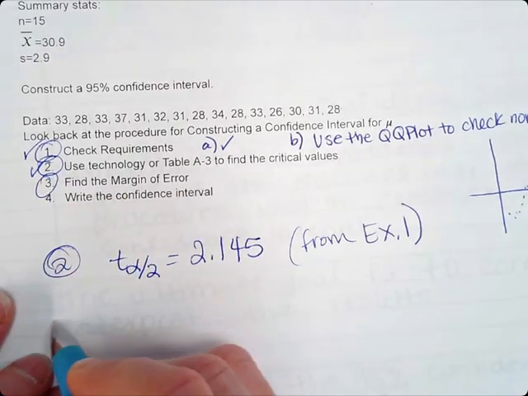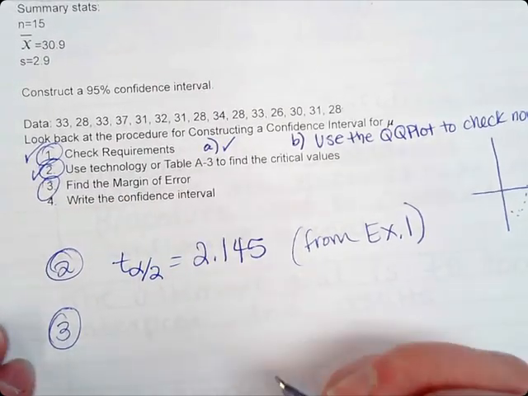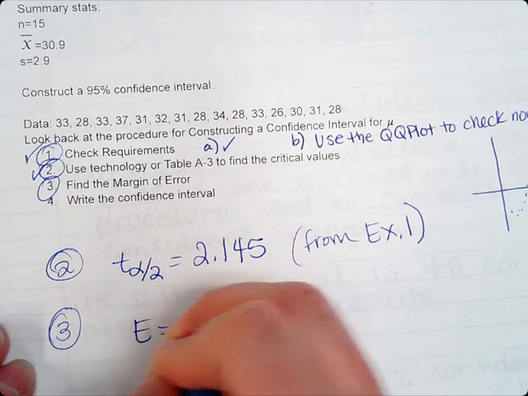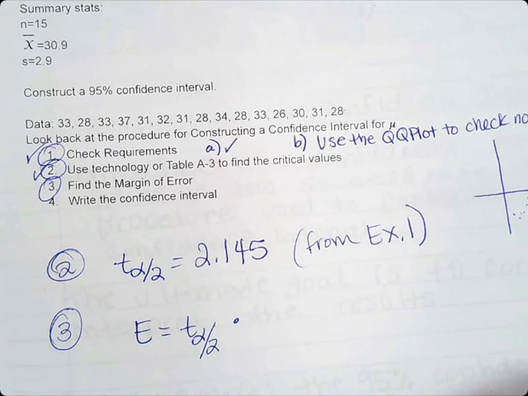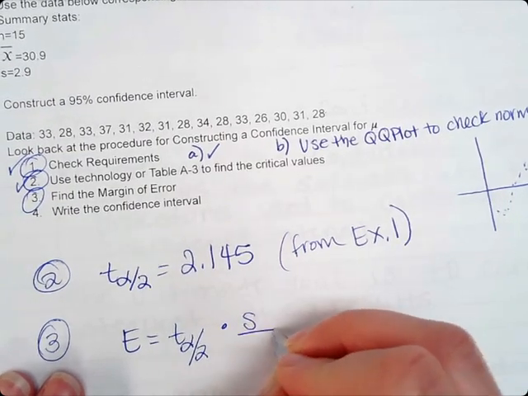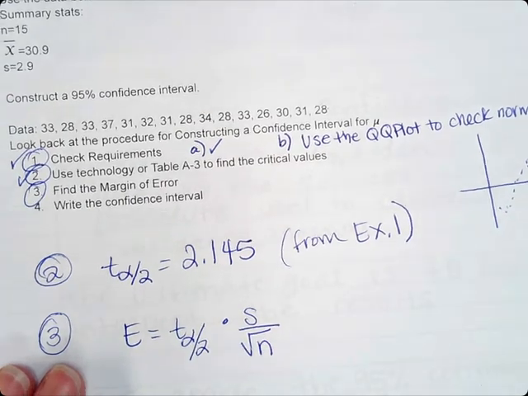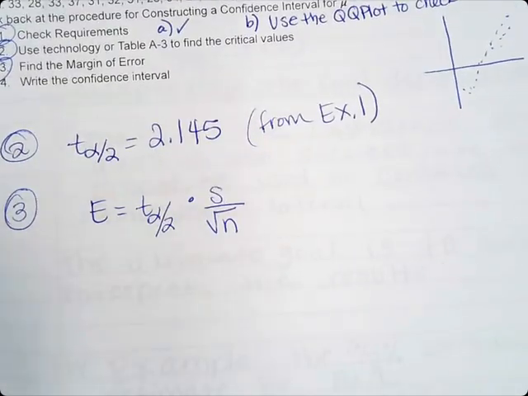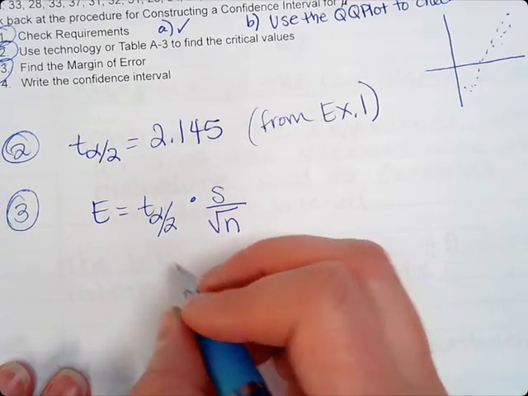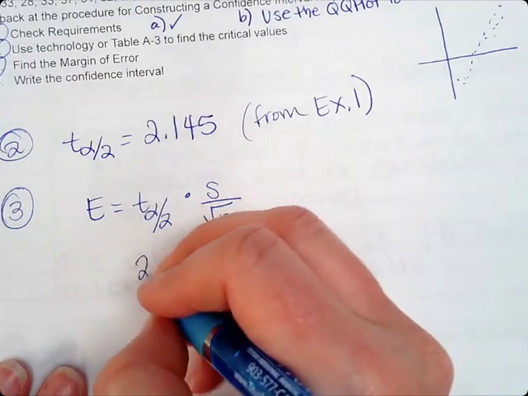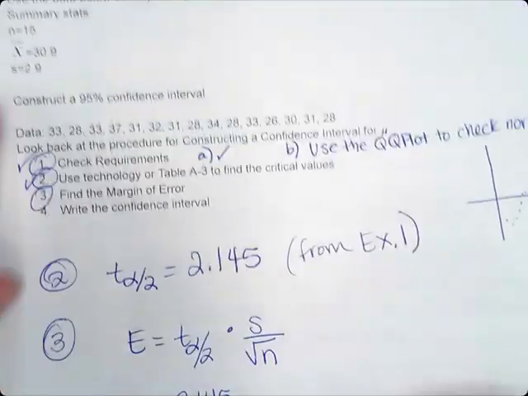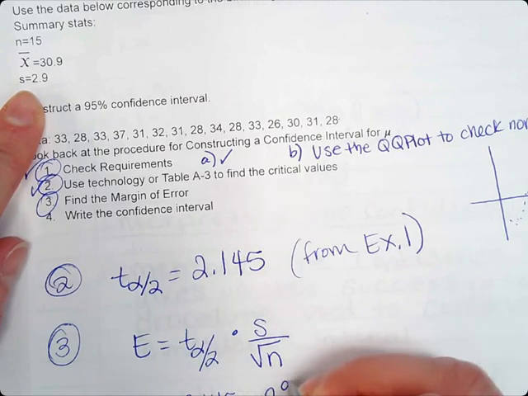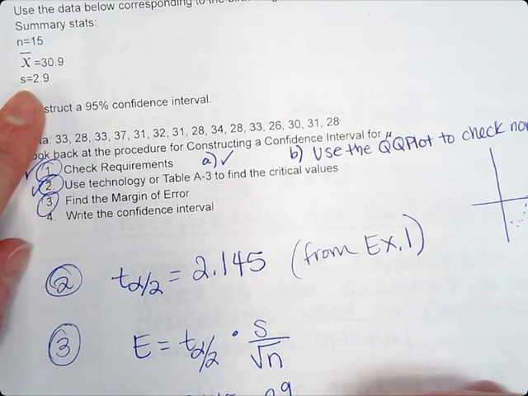Okay, number 3 is our margin of error, so we are going to use that formula. E equals t alpha over 2 times the sample standard deviation over square root of n. So we plug in the values we know, 2.145 times s, our standard deviation, which was 2.9, over square root of 15.